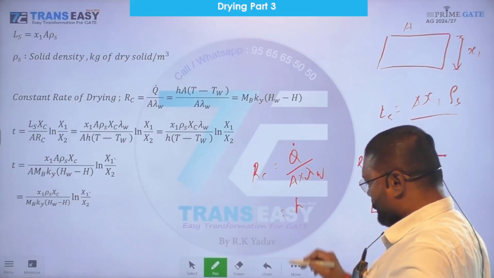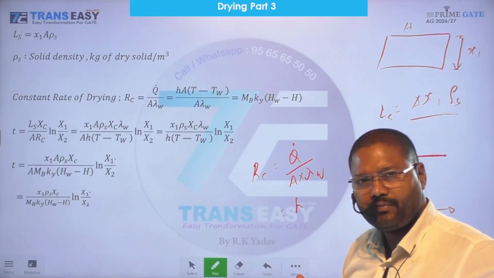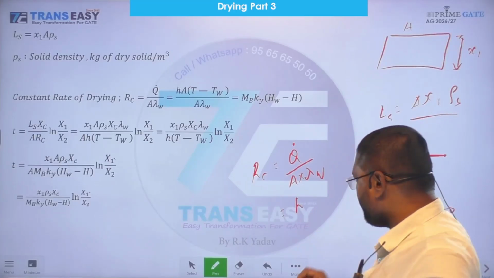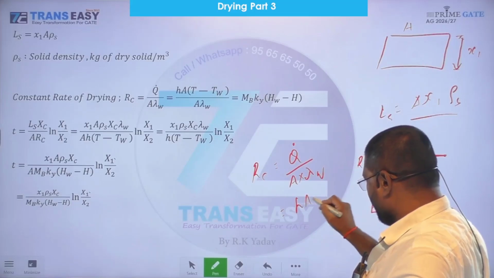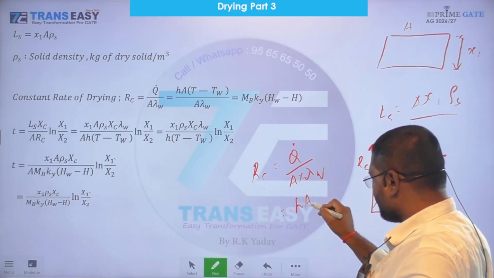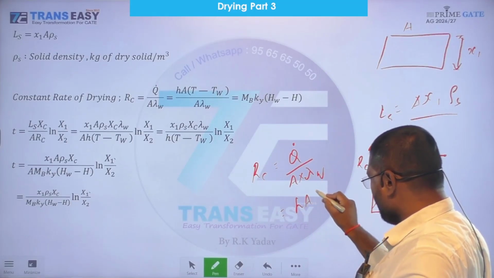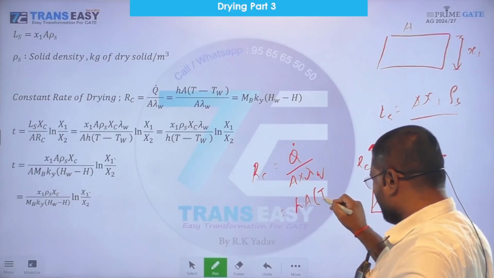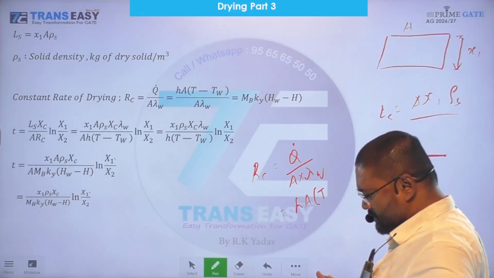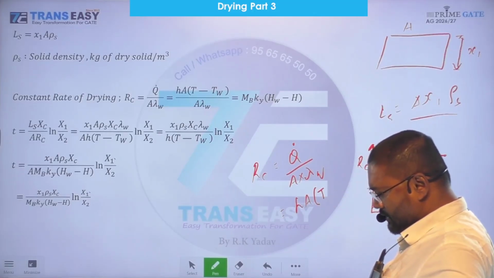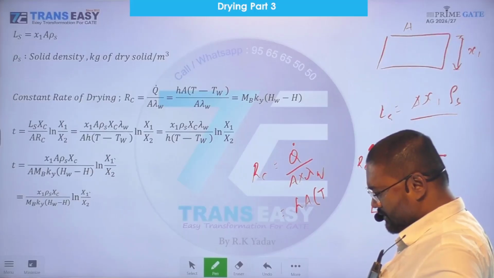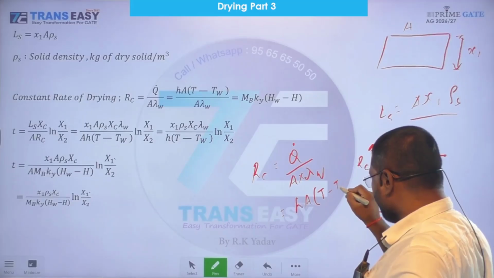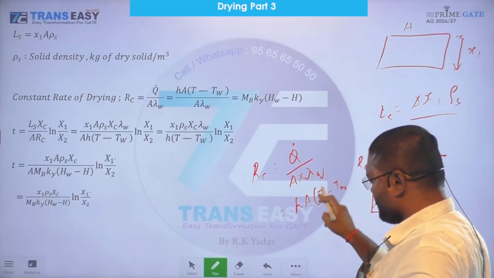Convective heat transfer: H, heat transfer coefficient, exposed surface area of material for drying, temperature of the drying gas, that is called DBT, and temperature of the liquid on the surface of the material under drying is TW. This TW is called the wet bulb temperature of the drying gas.